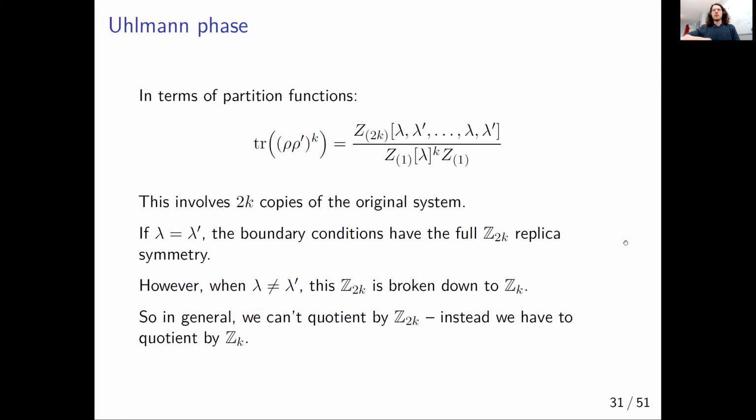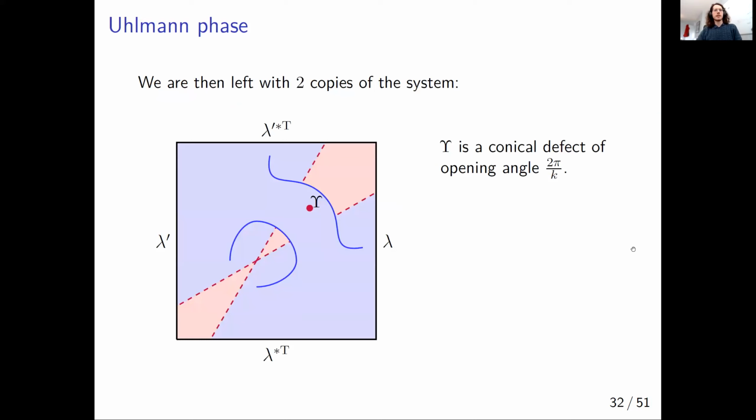So we can't quotient by the full Z2k, we have to quotient by the Zk subgroup. And since we're dividing 2k copies of the system by k, we're left with just 2 copies. So that means there are 2 copies of the boundary conditions, as you can see.